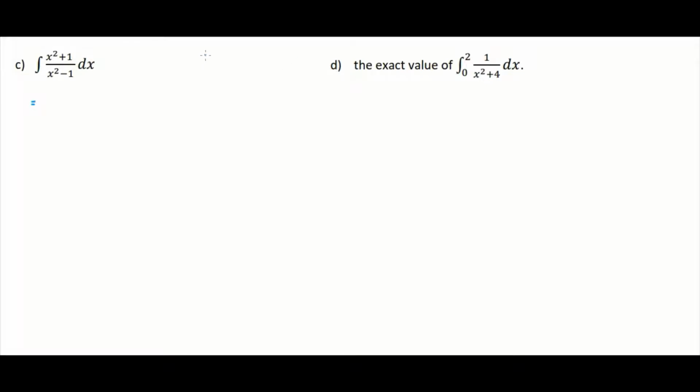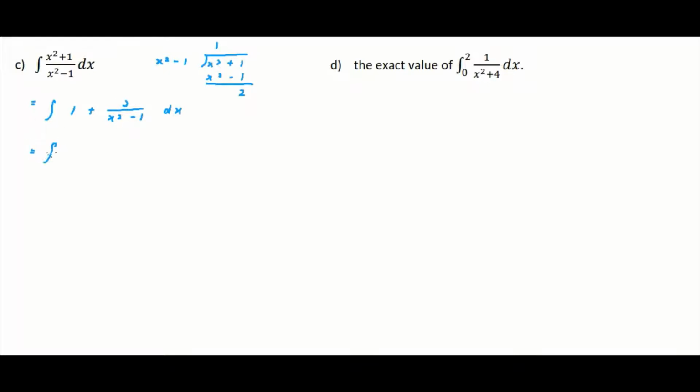So x squared plus 1 divided by x squared minus 1. What do you get? You have 1, then after that x squared minus 1, so 1 minus 1, you get 2. So from here, to integrate this, we need to do 1 plus 2 over x squared minus 1. You can realize that this form becomes what we want already.